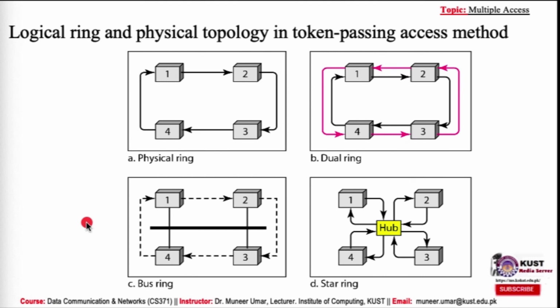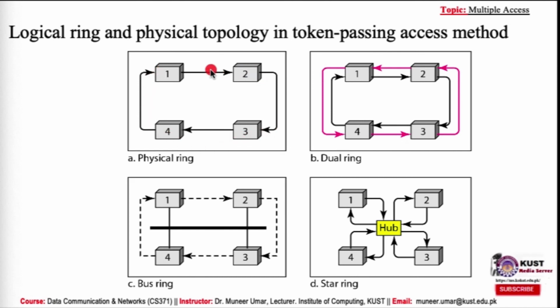The last method is token passing access method. We have already studied about the token ring topology. In the token passing method, the stations in a network are organized in a logical ring. Each station is connected with two devices on both sides. So the connections create or shape a ring.